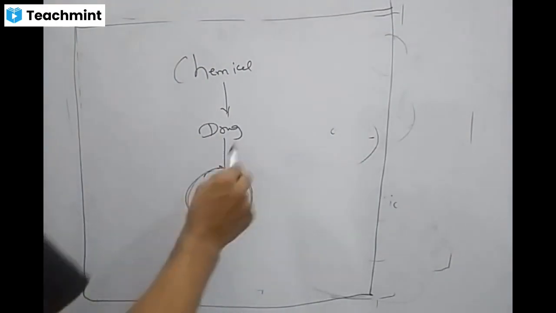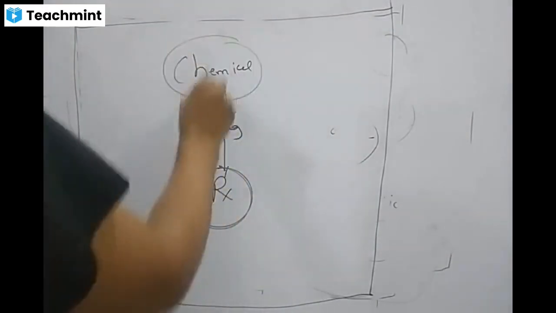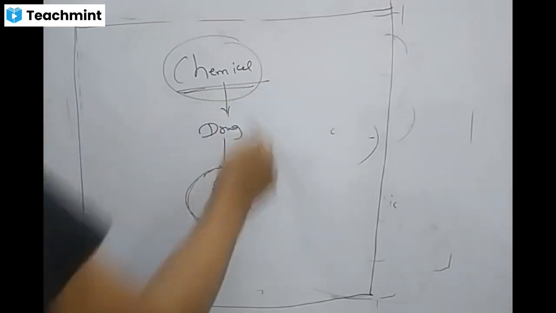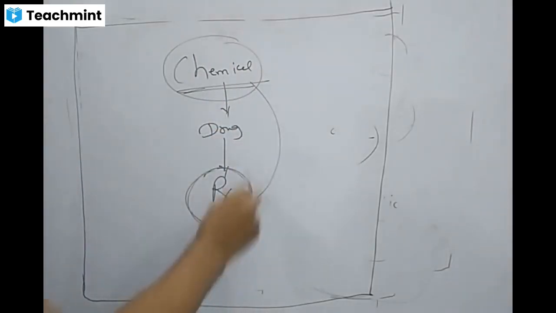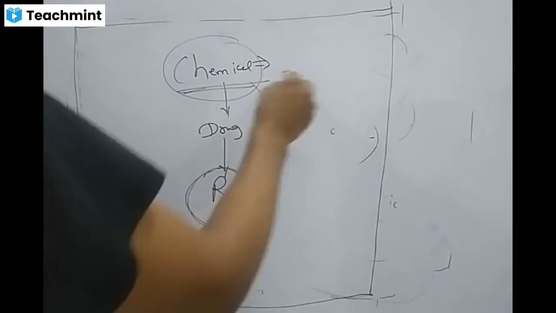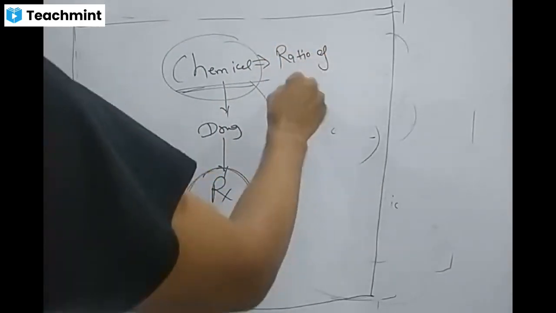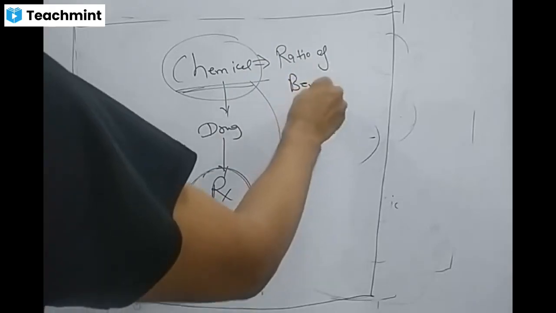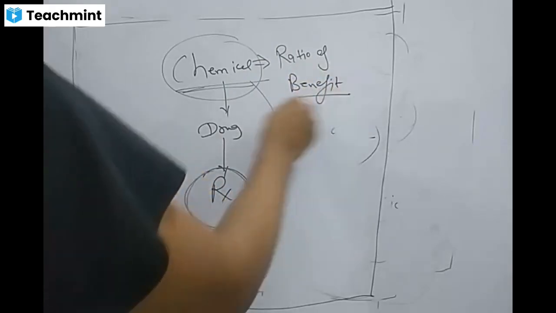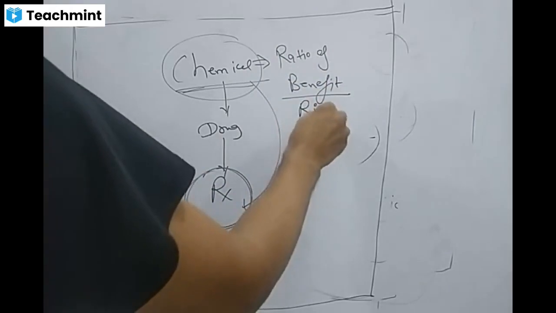So in case of chemotherapy, for any kind of chemical used for treatment, this is based on a criteria known as ratio of benefit divided by risk.